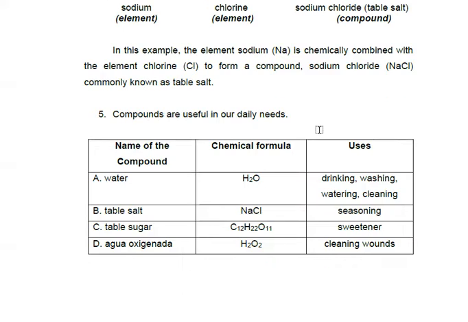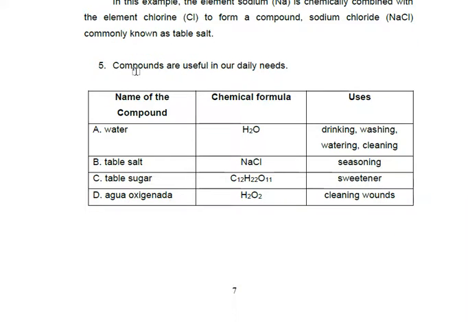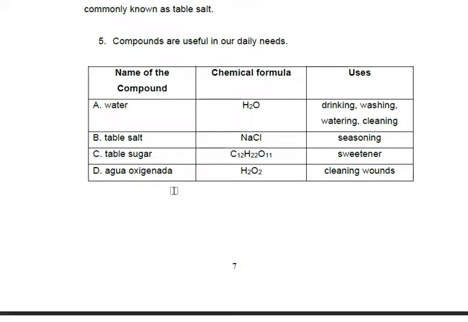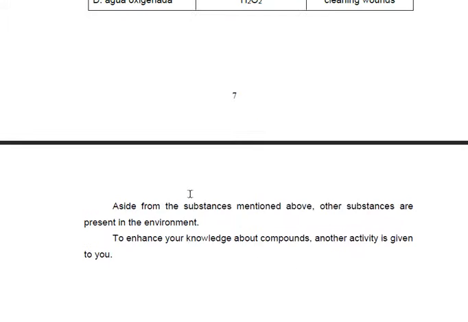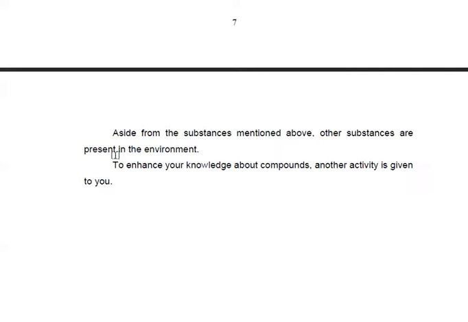And continuing, you also have compounds that are very useful in our daily needs, like water, salt, sugar, and hydrogen peroxide for cleaning wounds. Alright. So, there are many other substances around in your house and in your environment.